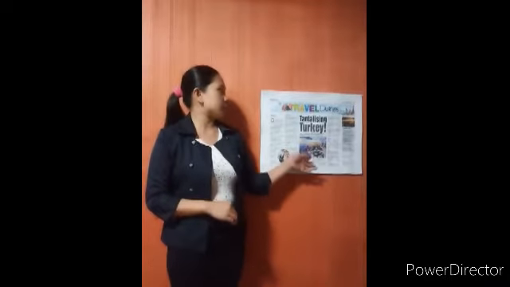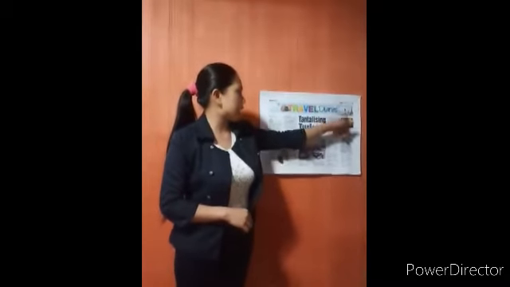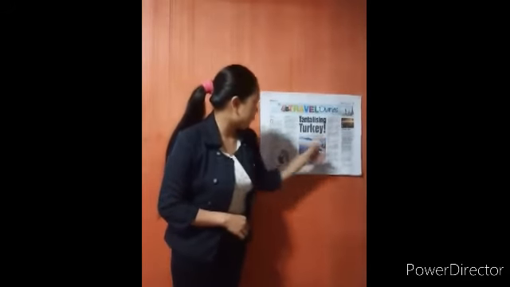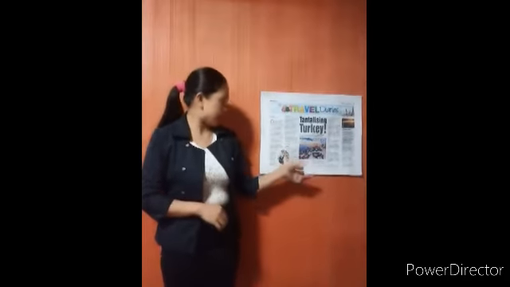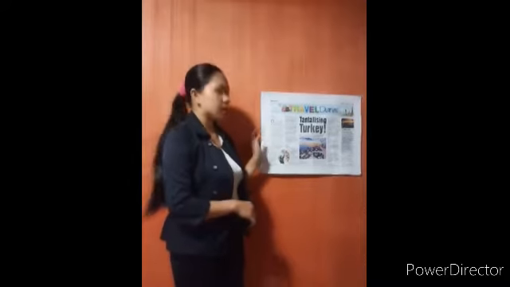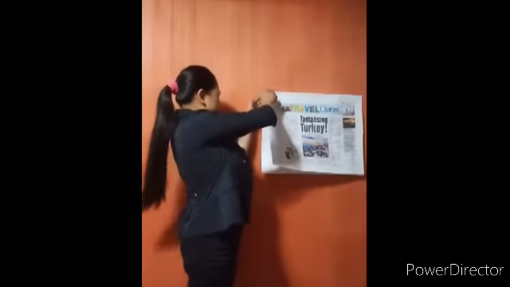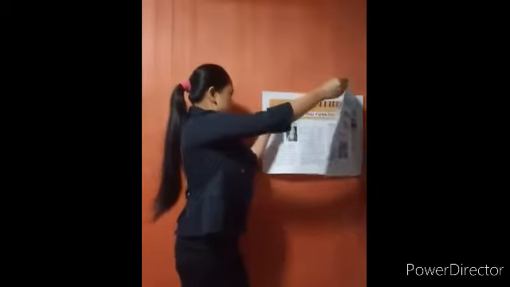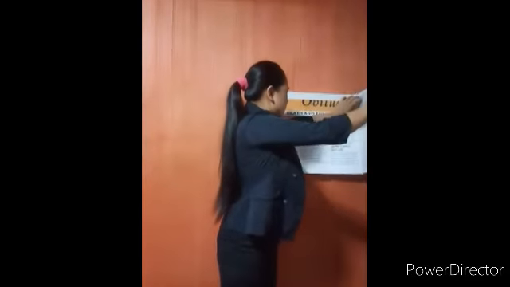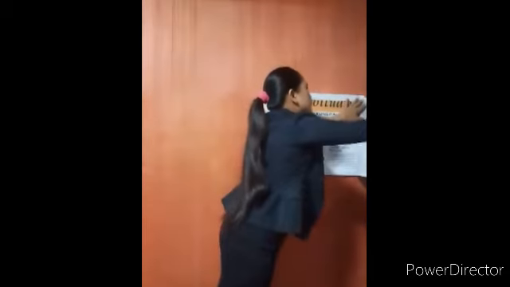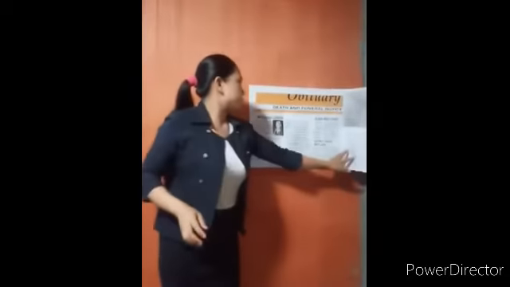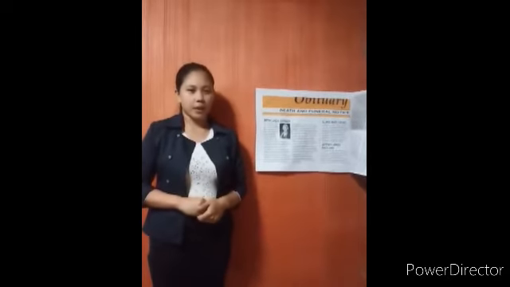So here is an example of the travel and tourism section. As you can see here, you can find places like New York, Turkey, and etc. So the next section is the announcements and obituary page.